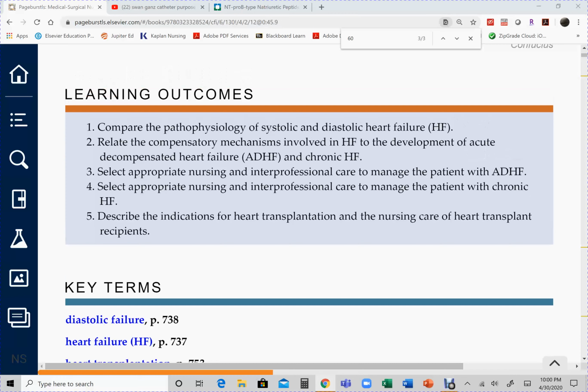So pretty much chapters 32, which is hypertension, 33, which is CAD and ACS, 35, which are dysrhythmias, and even 36, which are inflammatory and infectious diseases of the heart, all lead to heart failure. So let's begin.